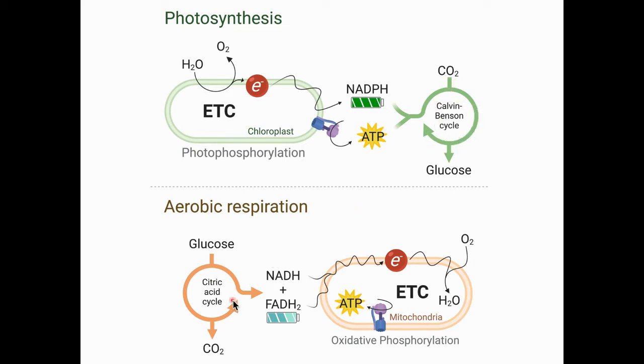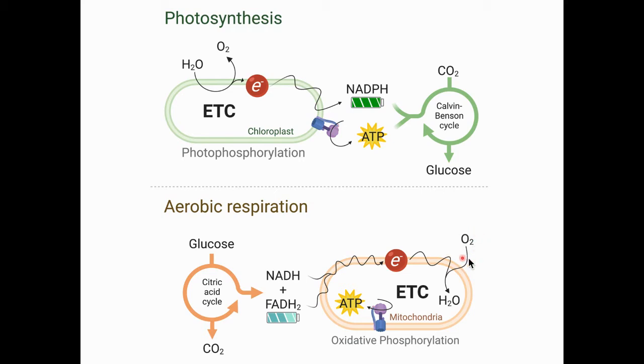And at the end, you get NADH and FADH2 as two reducing powers. And these two reducing powers will release electrons in the mitochondrial electron transport chain. And the last electron acceptor is oxygen.